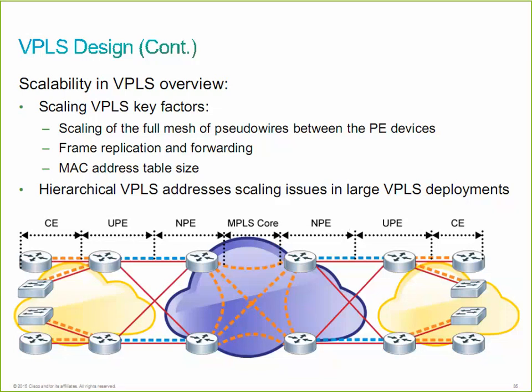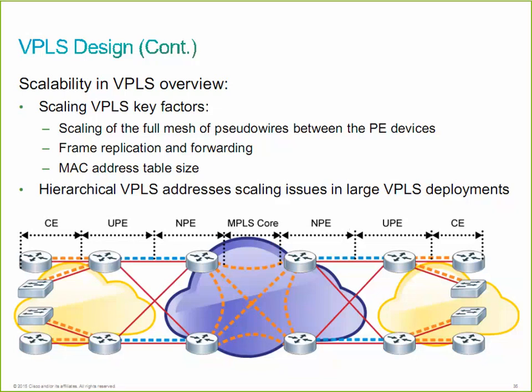Well, it helps by using the UPE devices to spread the network edge workload across multiple devices that might be less costly or more easily deployed. This is going to lower the number of pseudo wires between the NPE devices, and it's going to help us scale the network by reducing that burden on the core for the frame replication and frame forwarding.